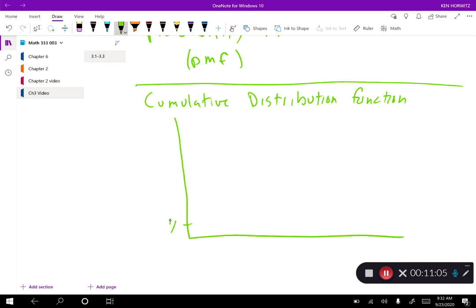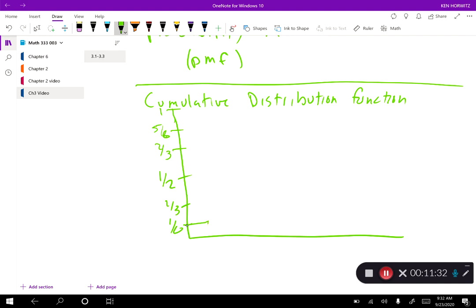So this is 1/6, 1/3, 1/2. So that's 1/6, 2/6, 3/6, 4/6, 5/6, and 6/6 is 1.